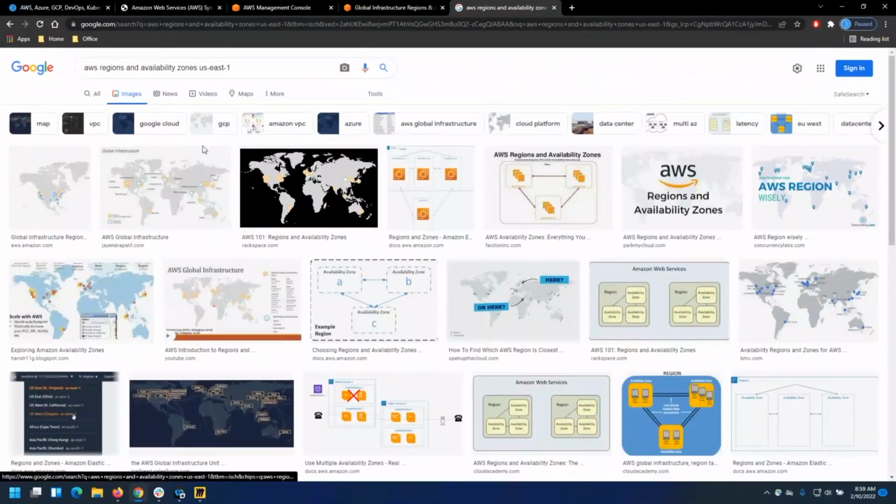I'm trying to find some images. Okay, let's say AWS data center.